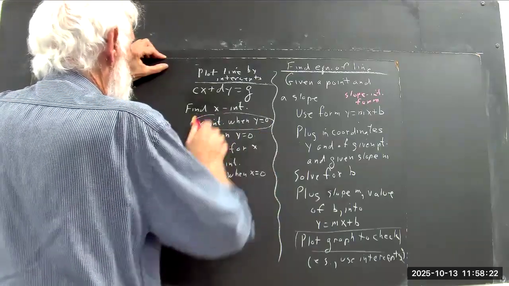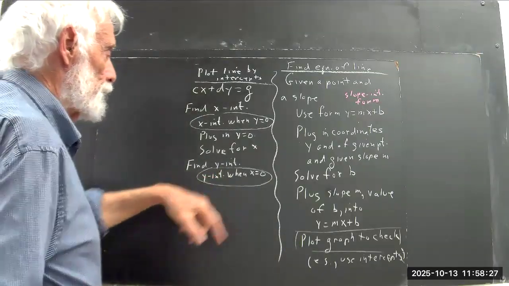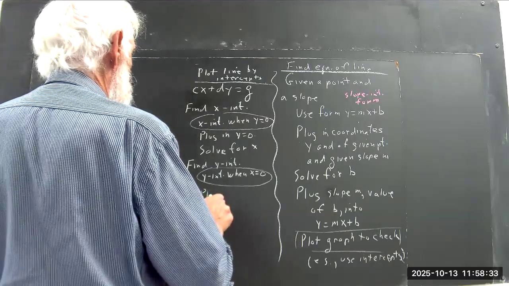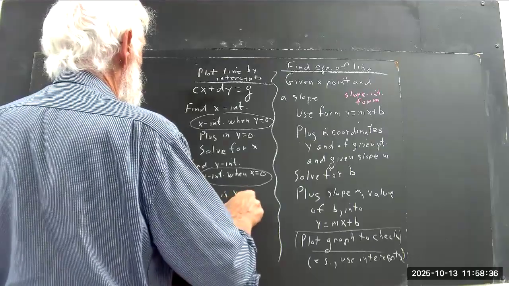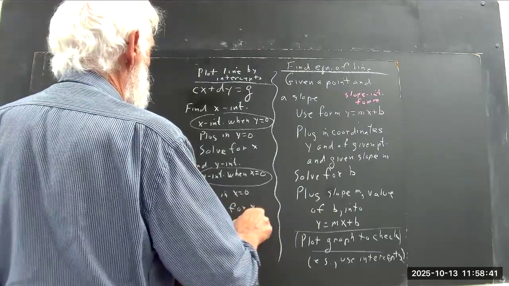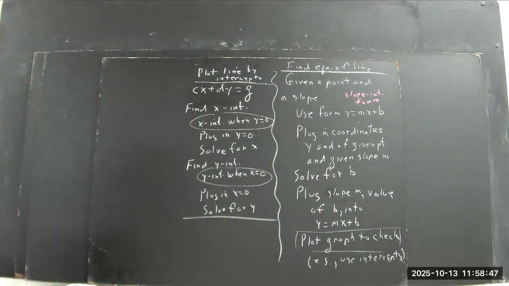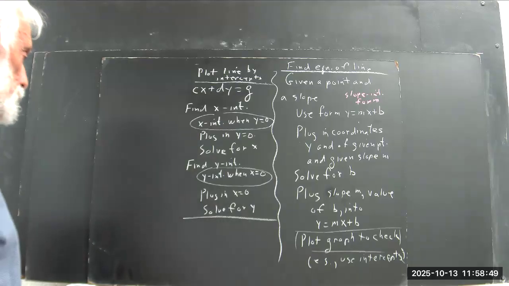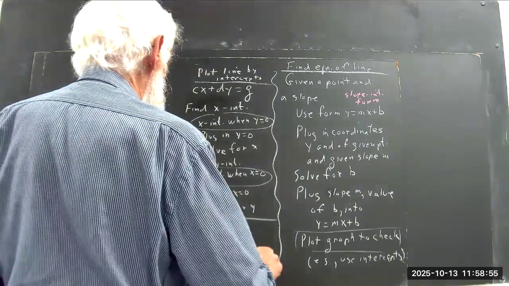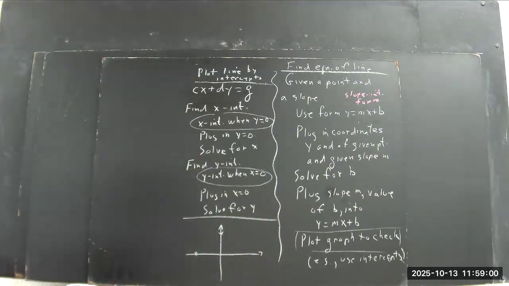Write this out. I'm going to circle that. Write at least this much out. Okay. When you have that, you have the x-intercept and you have the y-intercept.